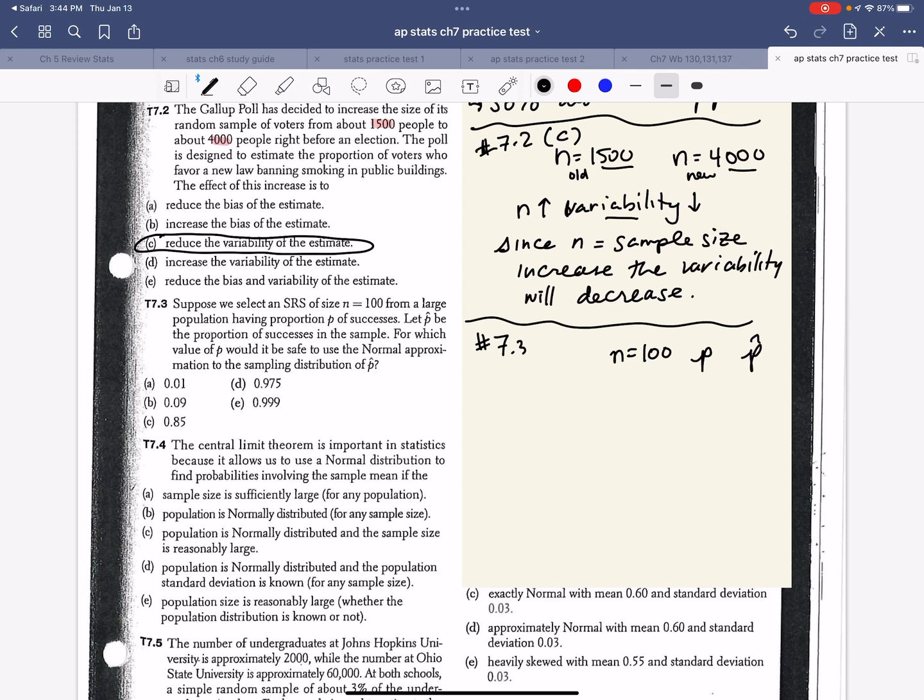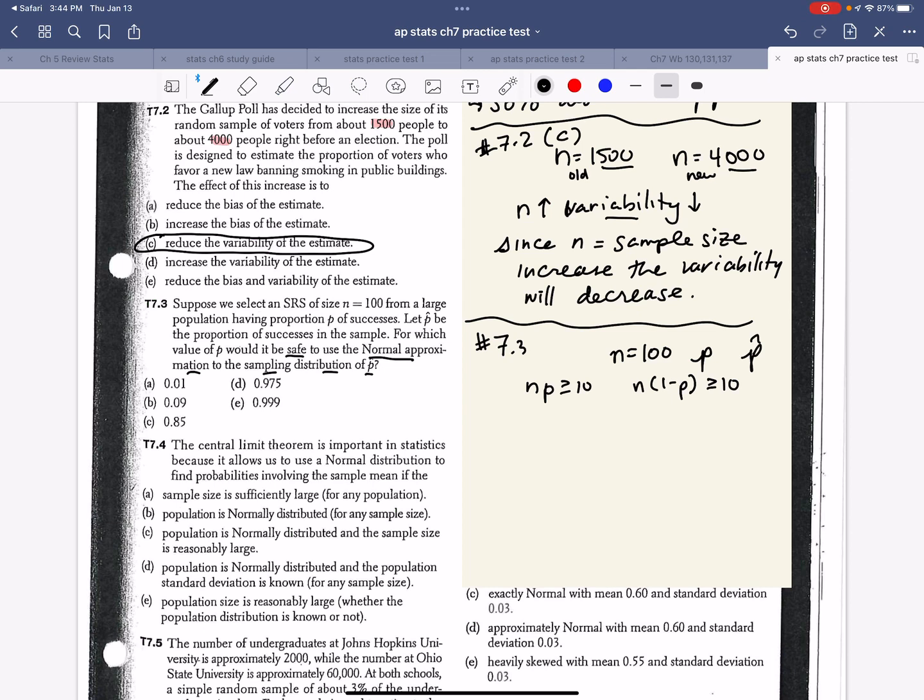All right, so that's the symbols we've been using. For which value of P would it be safe to use the normal approximation to the sampling distribution? So we know it's safe if N times P is greater than or equal to 10 and N times 1 minus P is greater than or equal to 10.